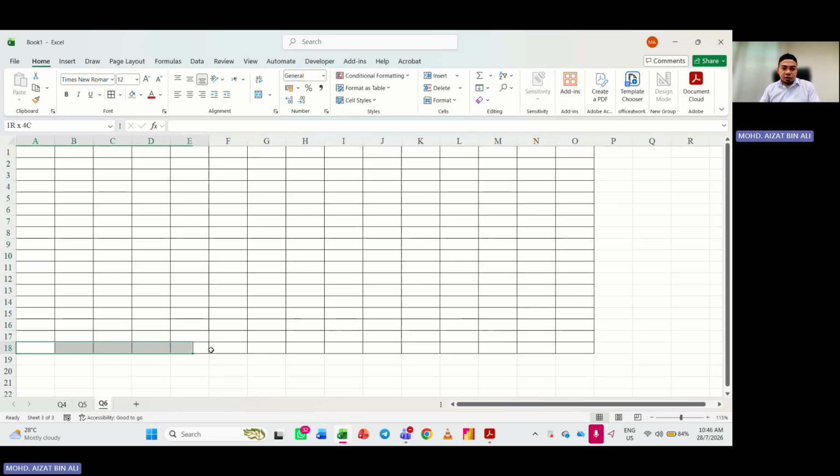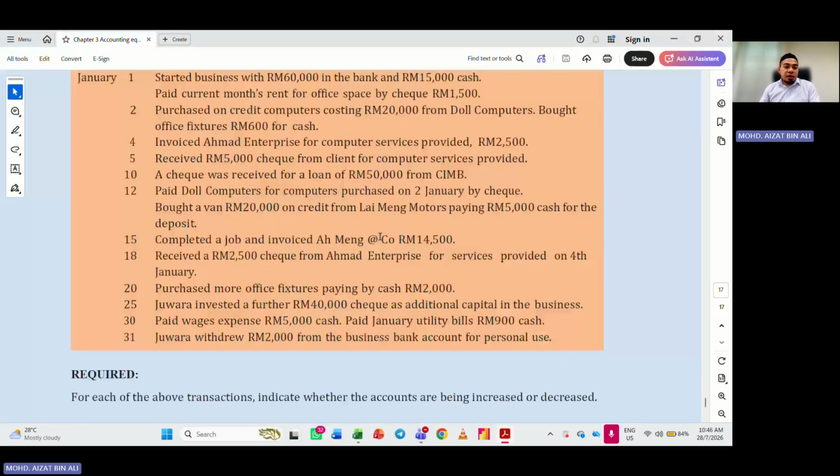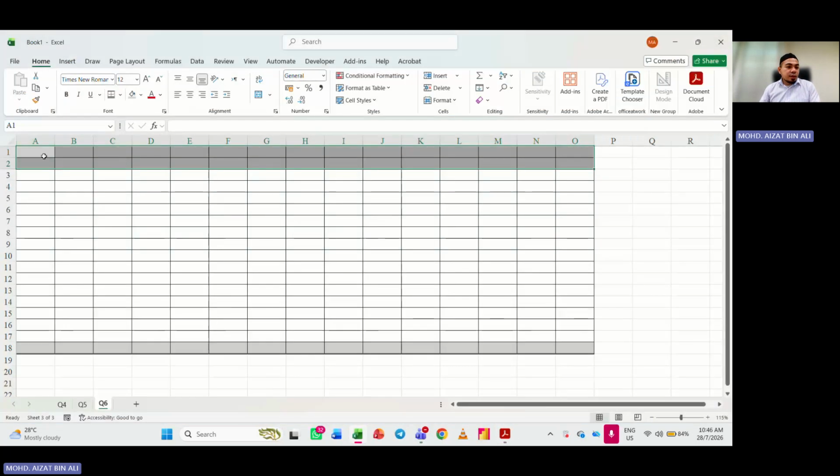Don't worry, if we need more, we'll add later. So let's create the headers first. Oh, the headers are not provided in this question. But let's format this first.